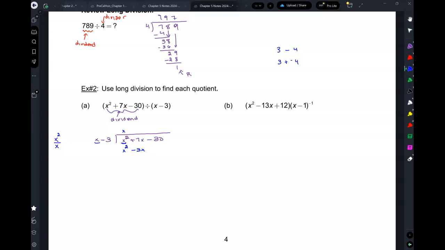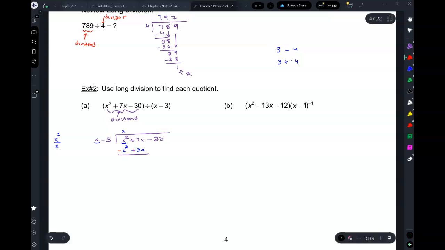So what I like to do here is change the sign and add. Another way we say it is change the sign, draw the line, combine.